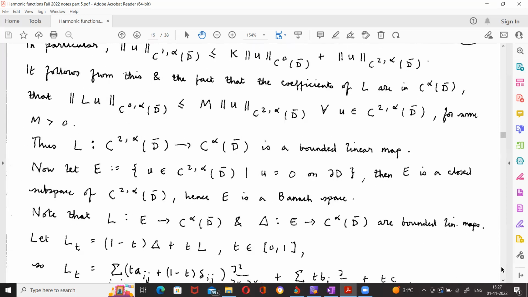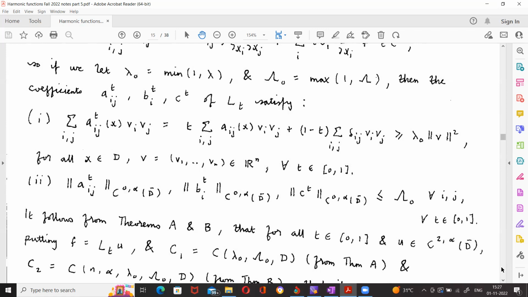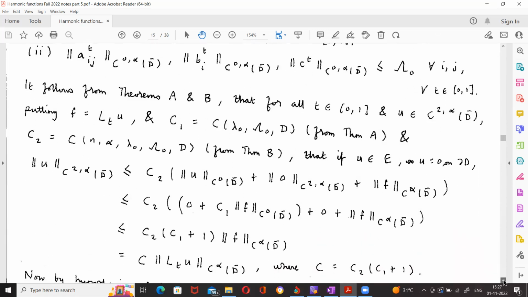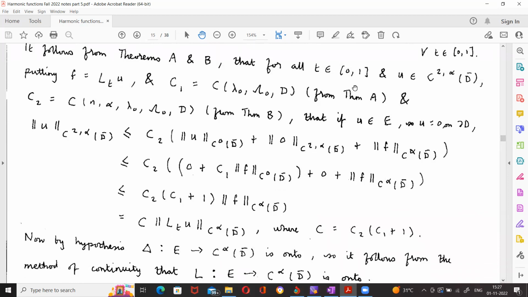Yes, that is the point. So now, if I apply the Schauder estimate, let me take a U in C2 alpha of D closure, and let me put F to be LT of U. And let C1 be the constant from theorem A, which is the maximum principle, and C2 the constant from theorem B, which is the Schauder estimate.